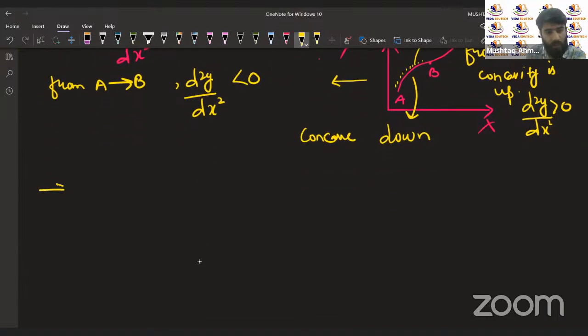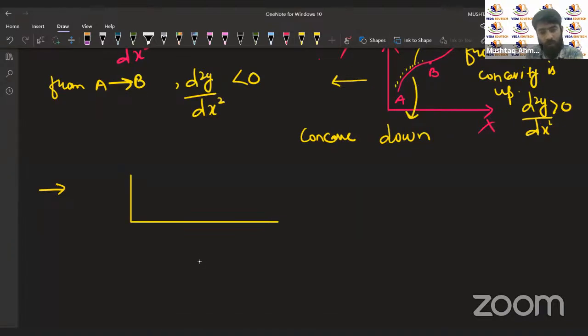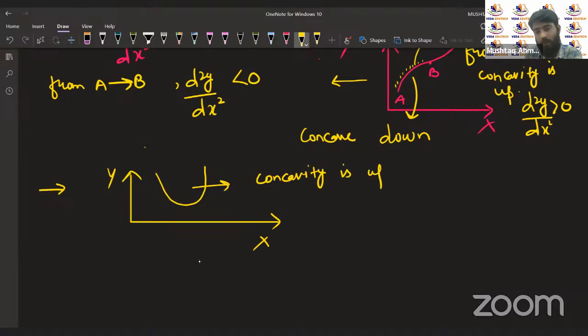Likewise, in the case of a parabola, suppose we have a parabola here. Its concavity is up. So I can clearly say that the second derivative of this parabola will be positive.